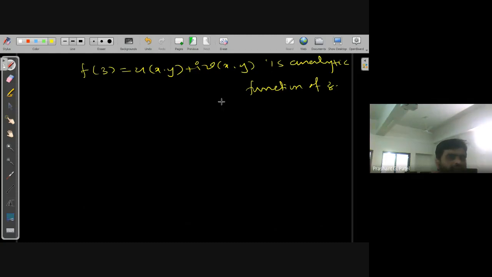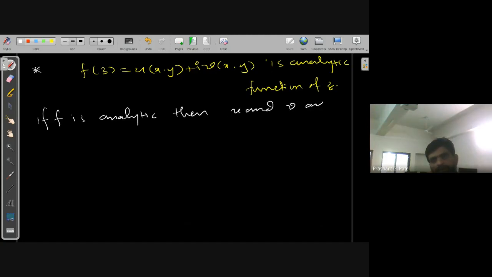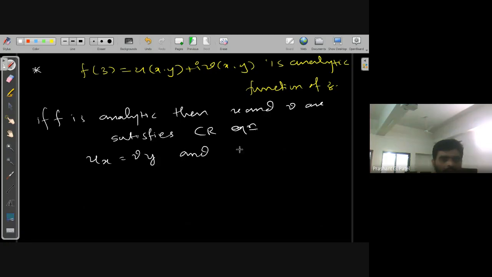And it is very well known that if it is an analytic function, then it will satisfy the Cauchy-Riemann equations. So we know that if f is analytic, then u and v satisfy the CR equations, that is, ux is equal to vy and uy is equal to minus vx.